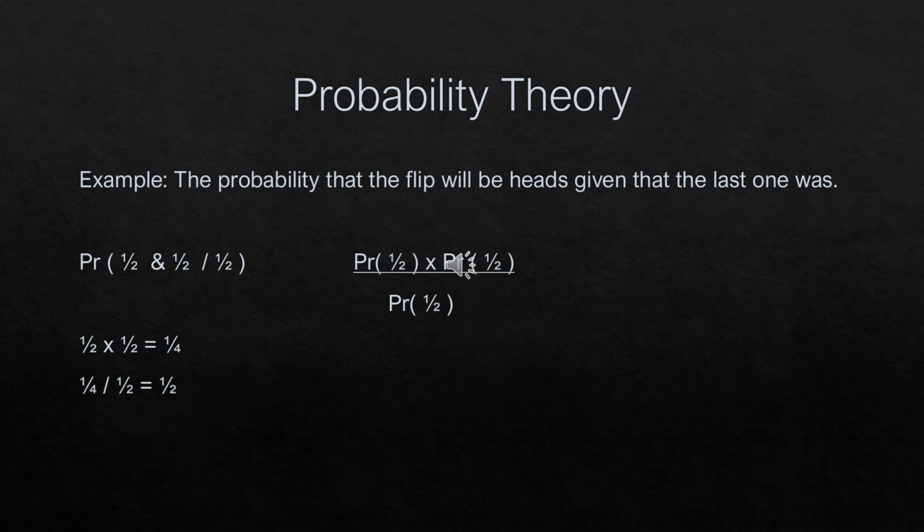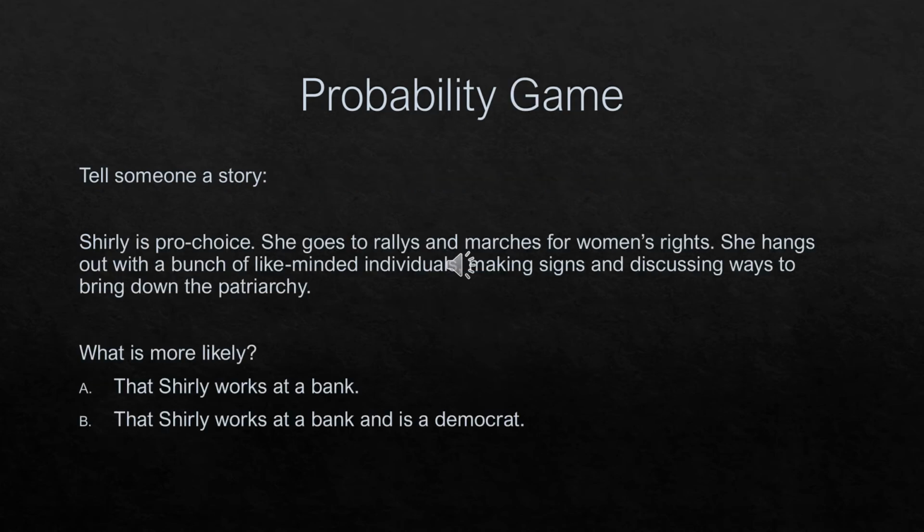And it's worth getting clear on this. People are often confused, and you can try this out with your friends. It's kind of funny. You tell your friends this story: Shirley is a woman. She's pro-choice.